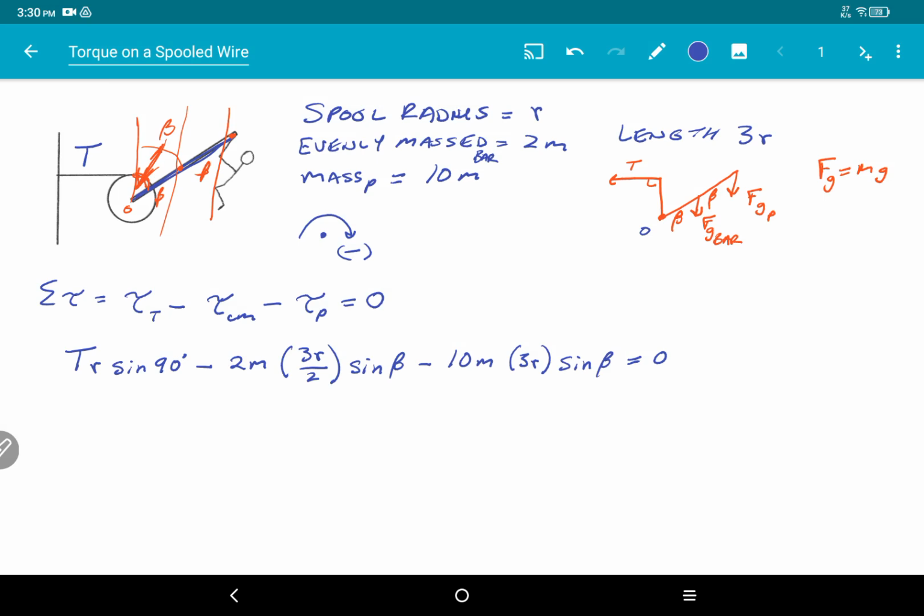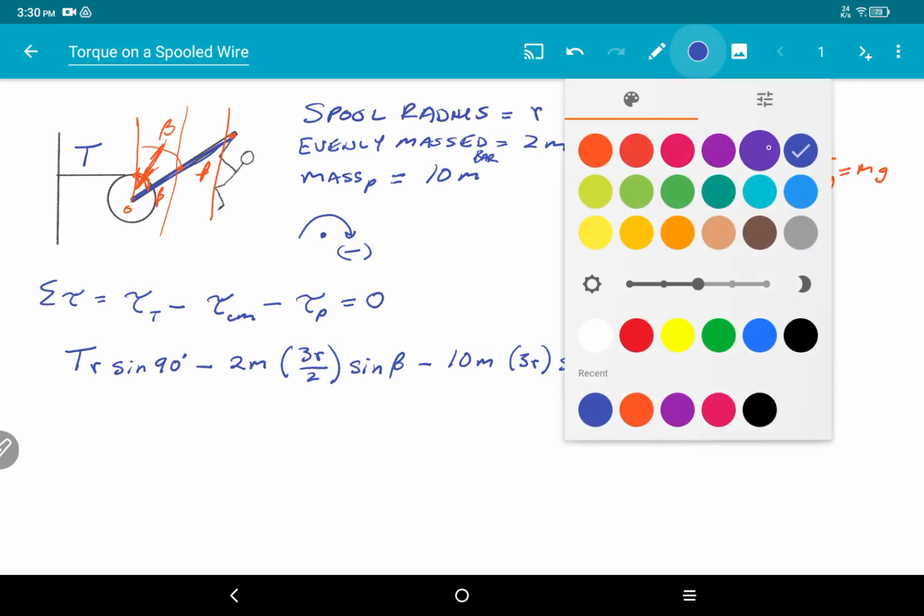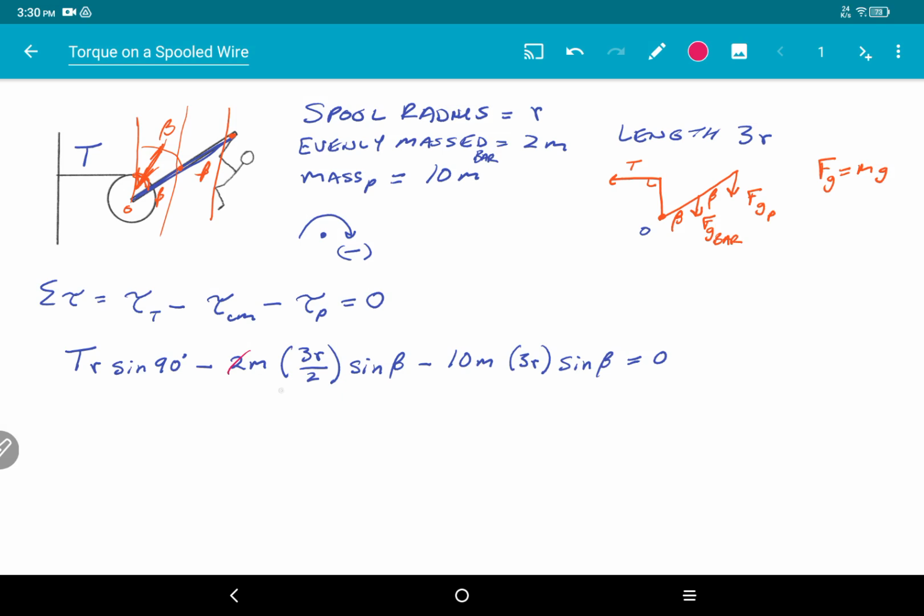Okay, so let's see what we have. We now need to solve for T. We also can get rid of a couple things, so we can get rid of the 2 here. Let's go back. So T is going to equal 3, and I noticed something, g is missing.